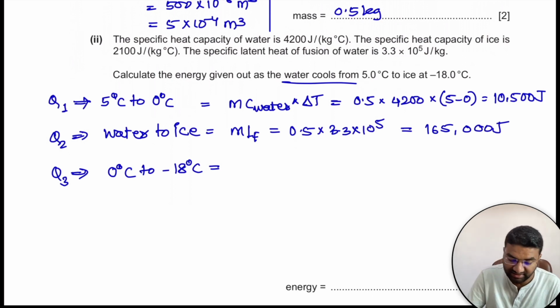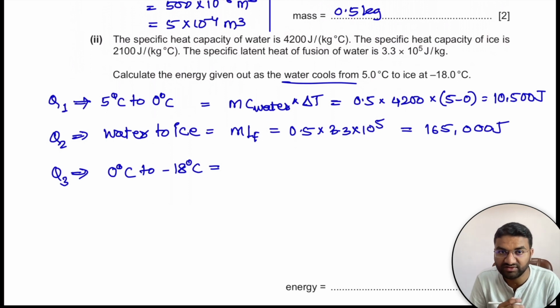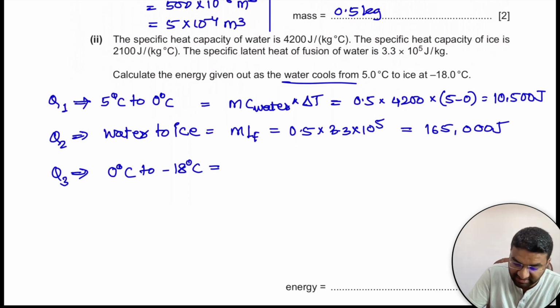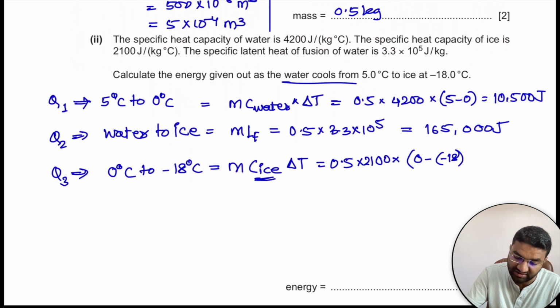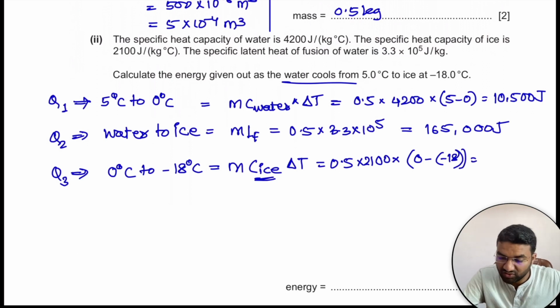The last one is the energy given out from 0 to negative 18 degrees Celsius. That's m c of ice times delta T, which is 0.5 times 2100, using the specific heat capacity of ice here, times delta T, which is 0 minus 18.